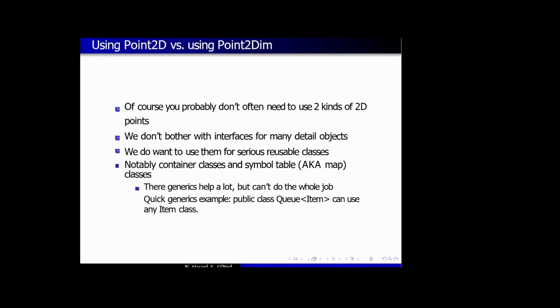It uses generics in a consistent way, and that's very helpful for container classes. So I hope you're very comfortable with things like this public class Q of Item. There's a generic variable there, so this Q can hold any kind of element object. So we're assuming that that's already covered.